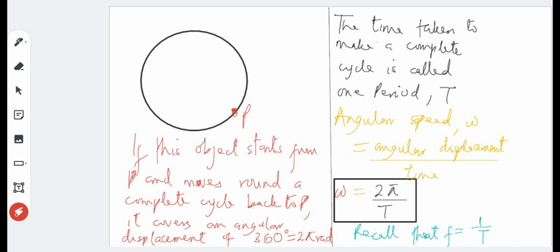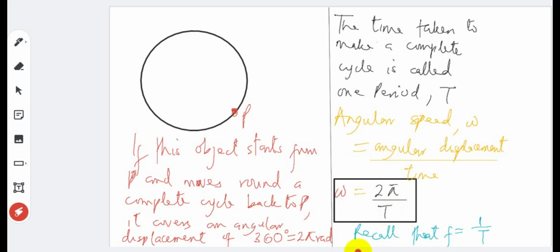So if the period is T, which is the time, and the angular displacement is 2 pi rad, and we know that angular speed, which is omega, is equal to angular displacement divided by time, so we can say that omega is equal to 2 pi divided by the period. So omega is 2 pi over T.